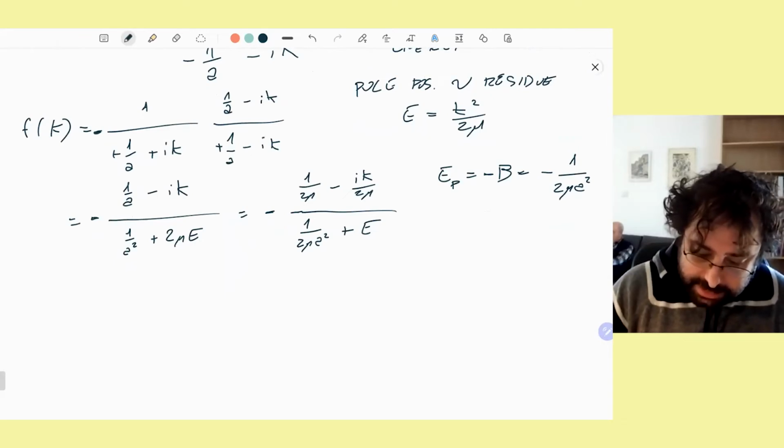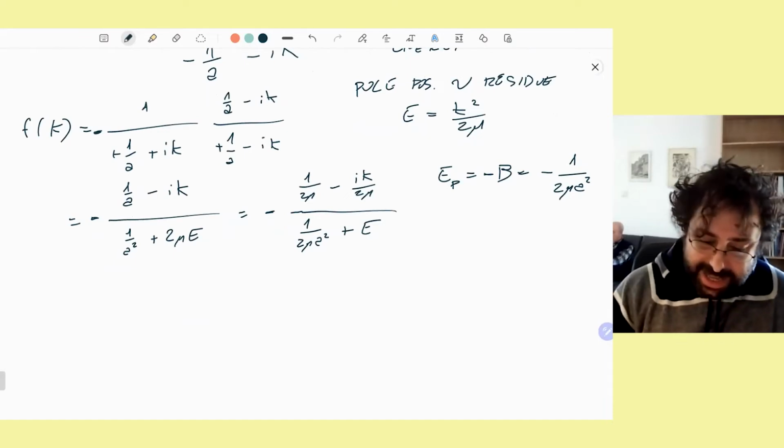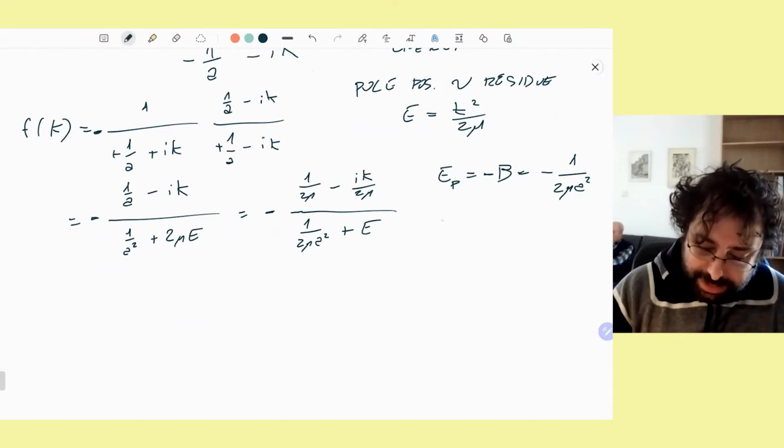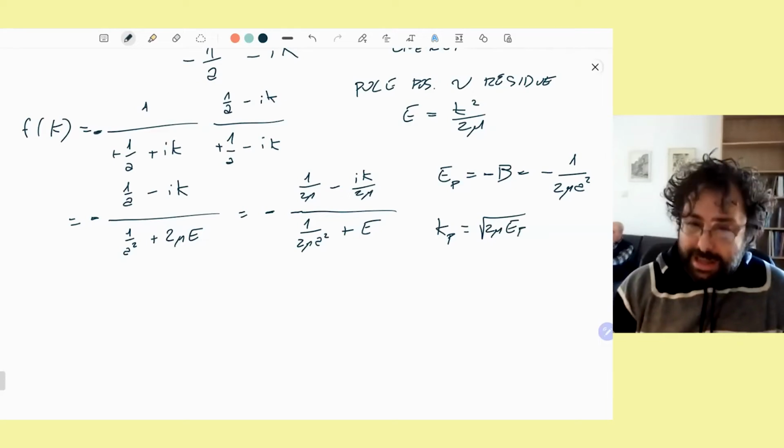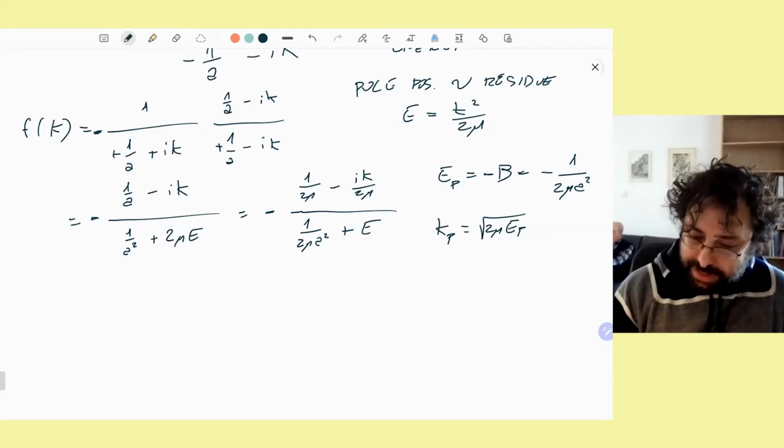And this is easy. You just have to say that, okay, if this is the energy of the pole, the momentum of the pole will be the square root of twice mu, and the position of the pole.